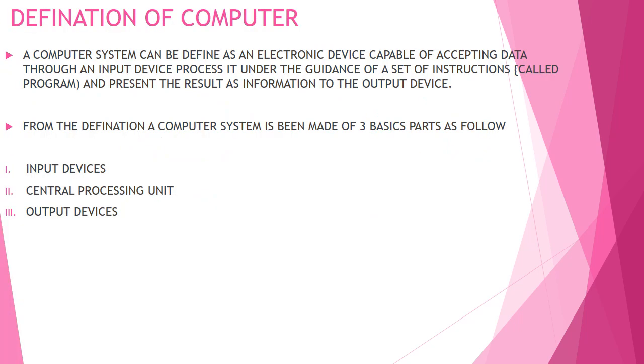So, definition of computer. A computer system can be defined as an electronic device. It can accept data through the input, and under the guidance of the processor, it can give the programs instructions so that we can get an output.